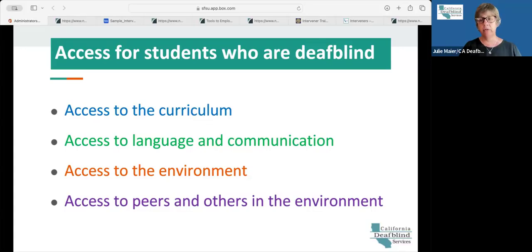Some may use sign language, some may use spoken language, some may use alternate systems of communication, like picture symbols or objects or a device. They also require access in the environment to the visual and auditory information that sighted and hearing people easily acquire. And then finally, they need support and facilitation to have access to their peers and to other people in the environment. So the intervener acts as a bridge and provides that access in all of these areas.